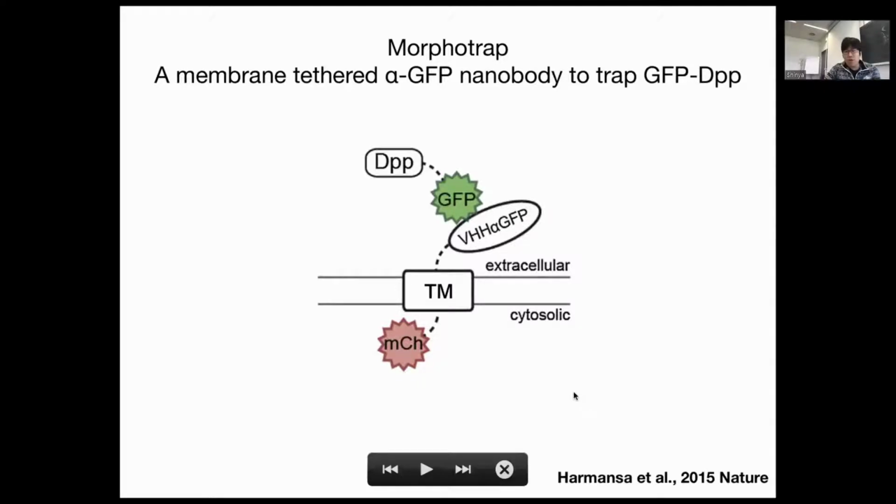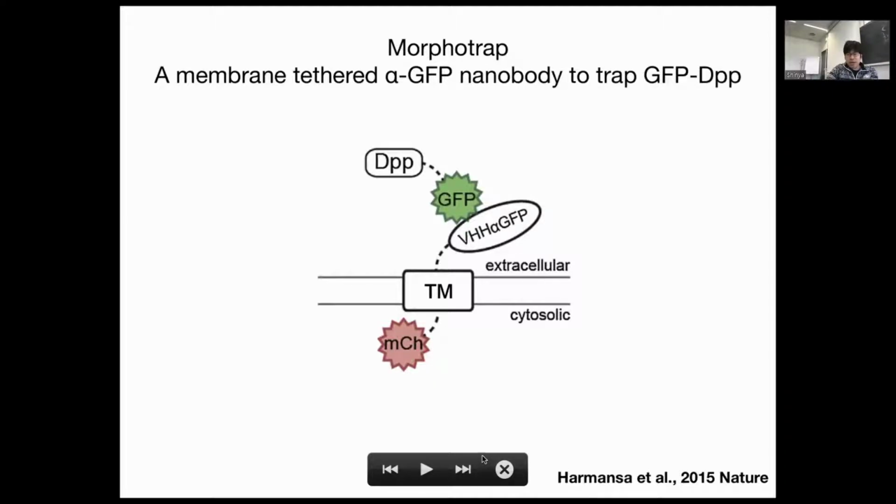So MorphoTrap consists of an anti-GFP nanobody fused to the transmembrane domain of CD8, followed by mCherry in the C-terminal so that you can visualize where MorphoTrap is expressed. In this way, you can trap the GFP-tagged DPP on the cell surface so as to block the dispersal of GFP-tagged DPP.